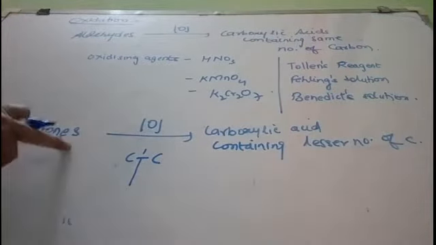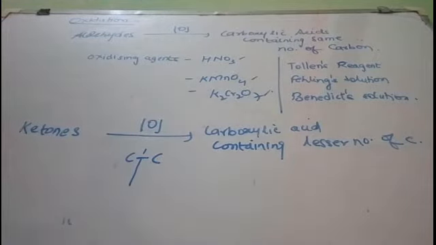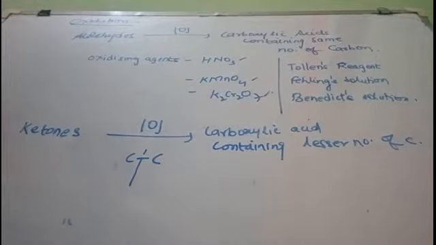And it can be oxidized only in the presence of strong oxidizing agents such as potassium permanganate or potassium dichromate, right? It cannot be oxidized by using Tollens, Fehling or Benedict solution. So let us study the reactions one by one.